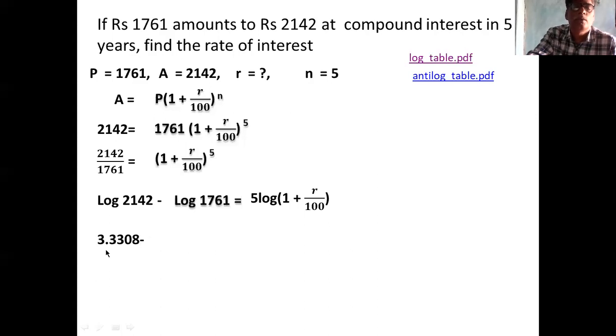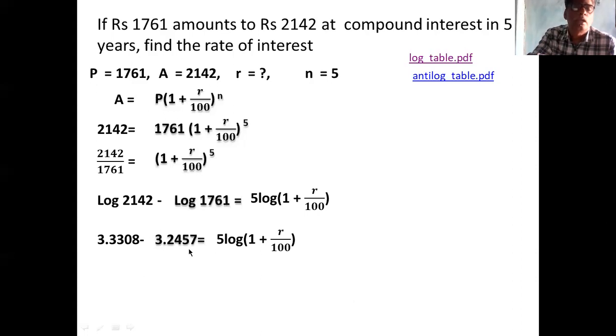You see here 3.3308 minus 3.2457 is equal to 5 log 1 plus r by 100. It is not possible to see in the logarithm table because there is a bracket. There is no natural number.